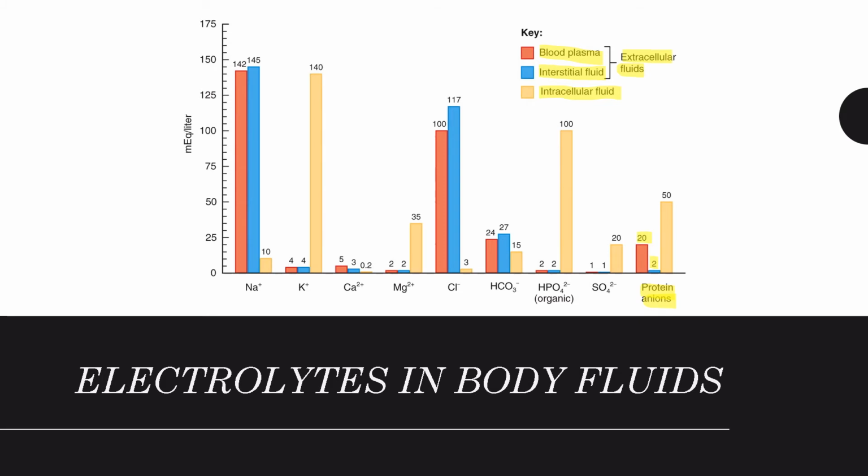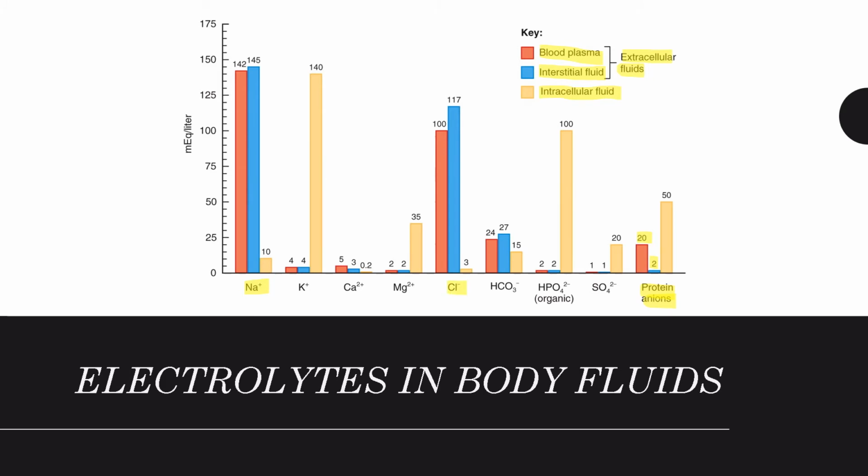The electrolytic content of intracellular fluid differs quite a bit from that of the extracellular fluids as well. In extracellular fluid, the most abundant cation is sodium, and the most abundant anion is chloride.